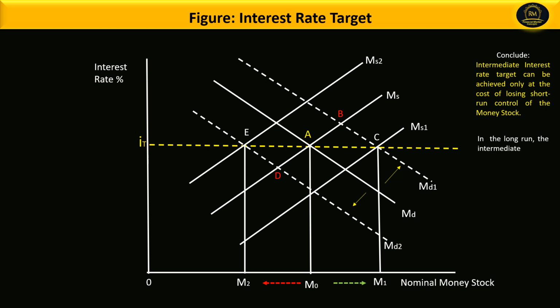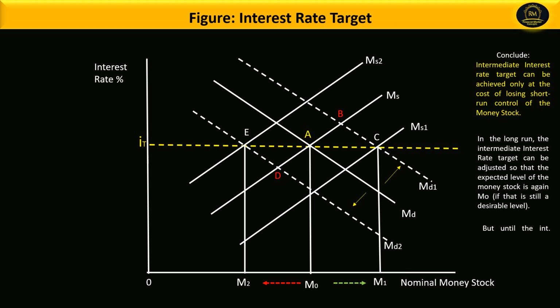Of course, in the long run, the intermediate interest rate target can be adjusted so that the expected level of money stock is again at M0, but that also depends upon the situation of the economy, whether that is still a desirable level or not. So to conclude, we can say that till the intermediate interest rate target is adjusted, money stock control is lost.